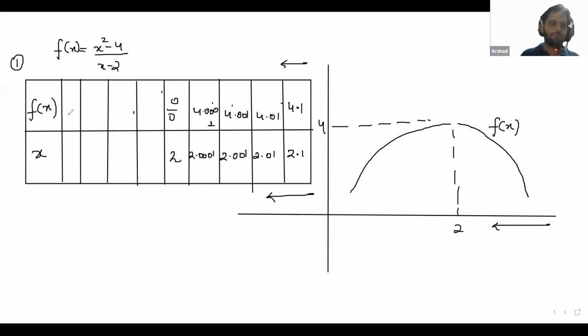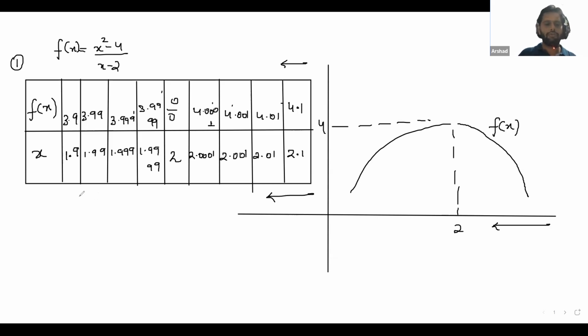Now we will check from the left side. If we put 1.9, you will get 3.9. If you put 1.99, you will get 3.99. If you put 1.999, you will get 3.999. And 1.9999, you will get 3.9999.